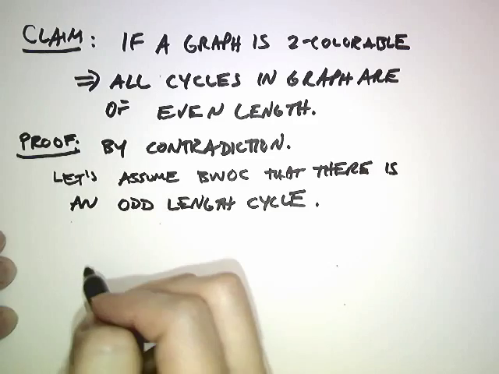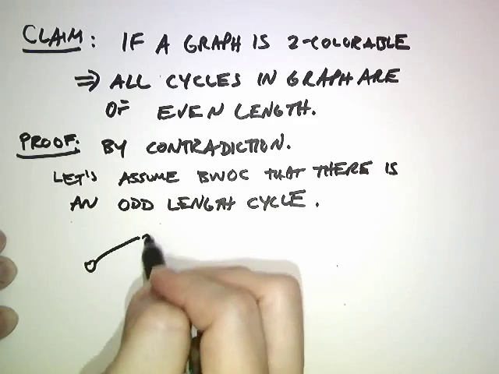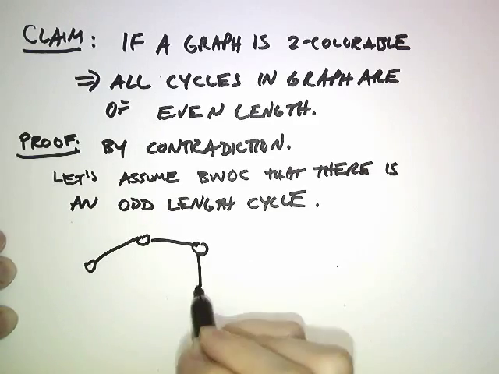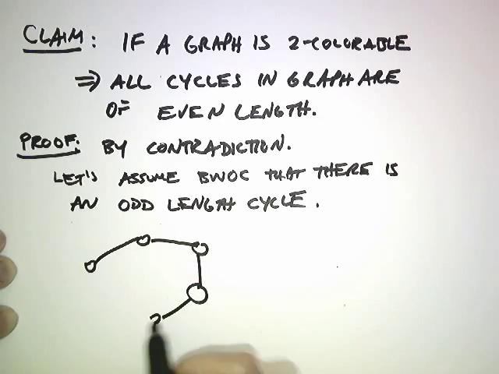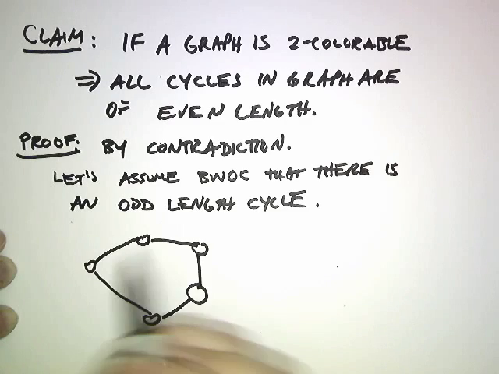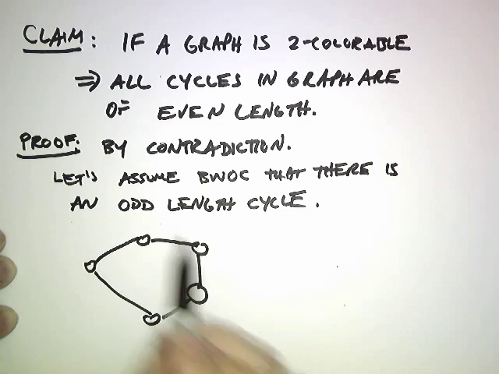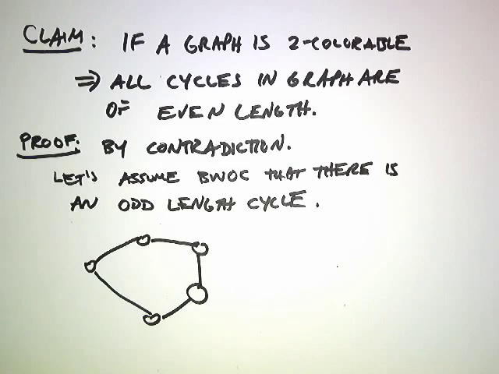Okay, so that means somewhere in the graph, 1, 2, 3, 4, there has to be a cycle of odd length. Now, I've drawn one here that's of length 5. Maybe it's of length 7 or 9. It's not going to matter. All that's going to matter is that it's of odd length.